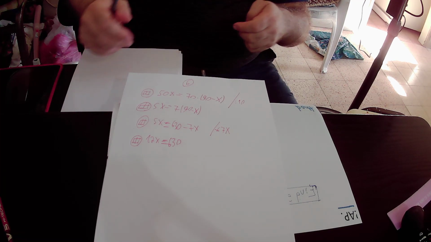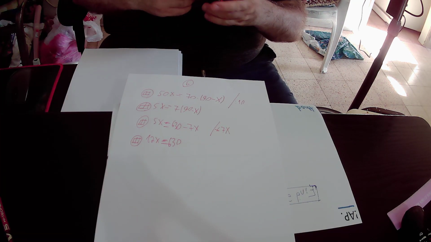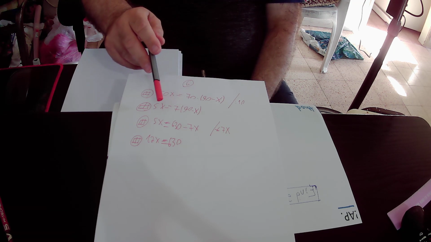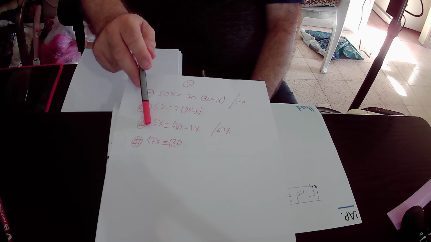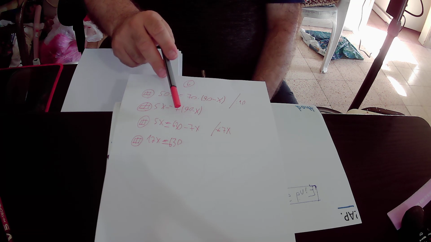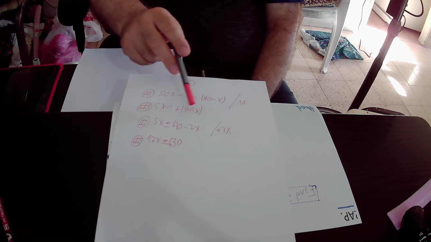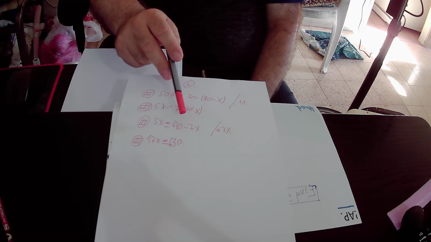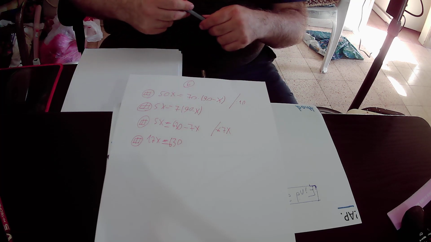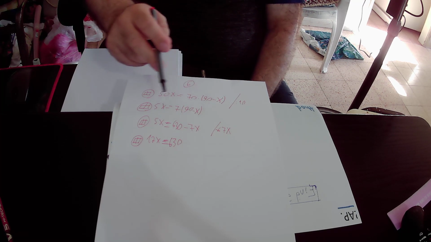So we added 7x to both sides of the equation. So 5x plus 7x equals 12x, and 630 minus 7x plus 7x equals 630. Here we divide both sides of the equation by 6.